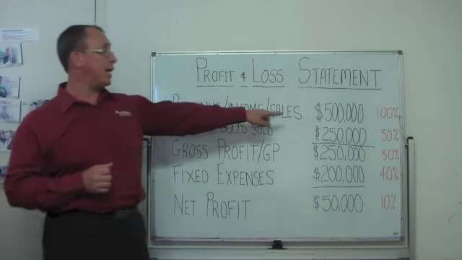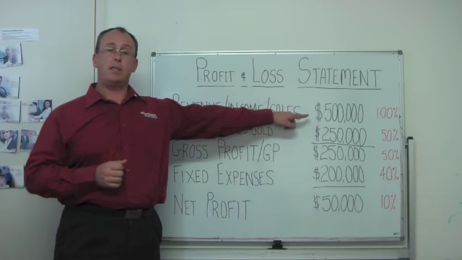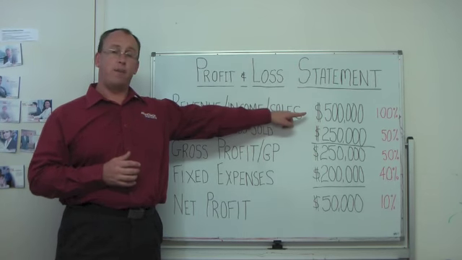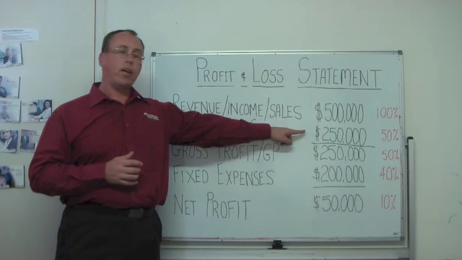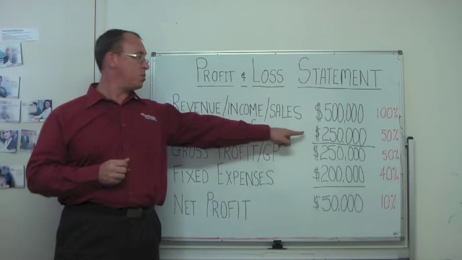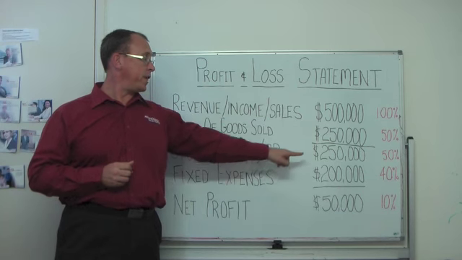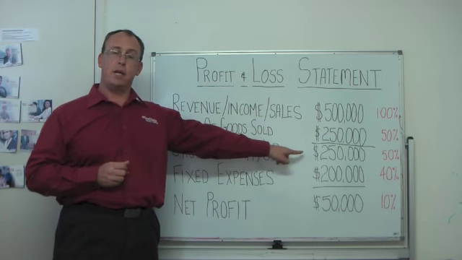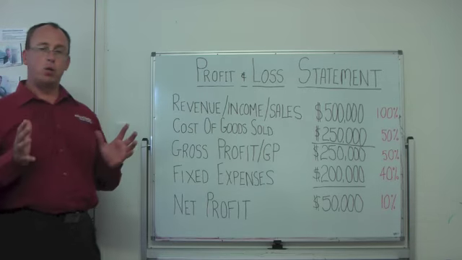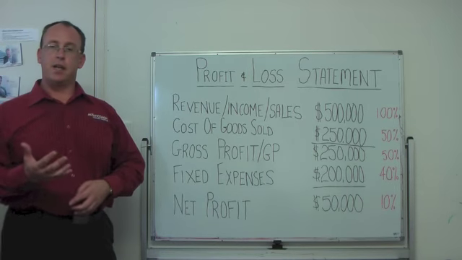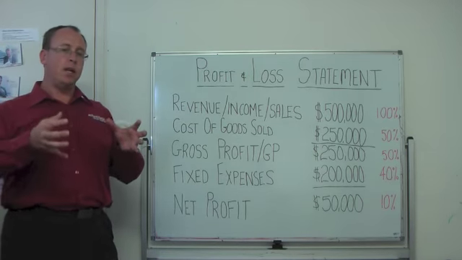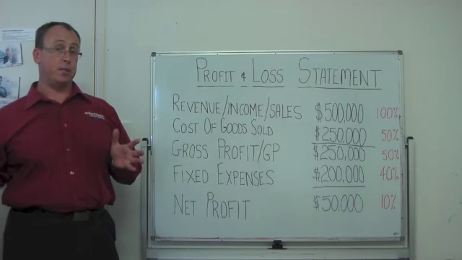So in this instance here, this particular business had an income or sales of 500,000, and the cost to produce those sales was 250,000. So 500 minus 250 gives us 250,000. So our GP or our gross profit is 250,000. So that's what we use to run the rest of the business.